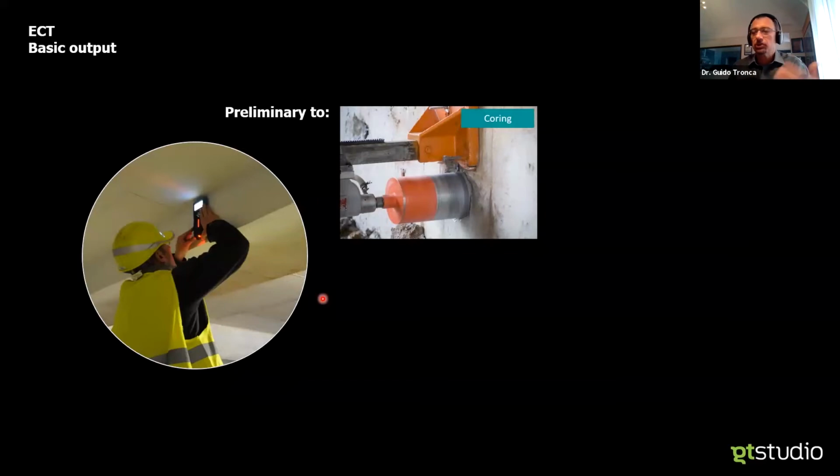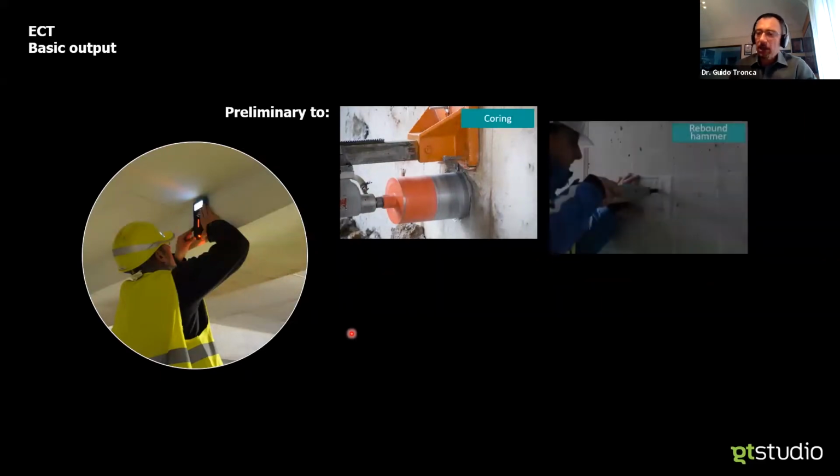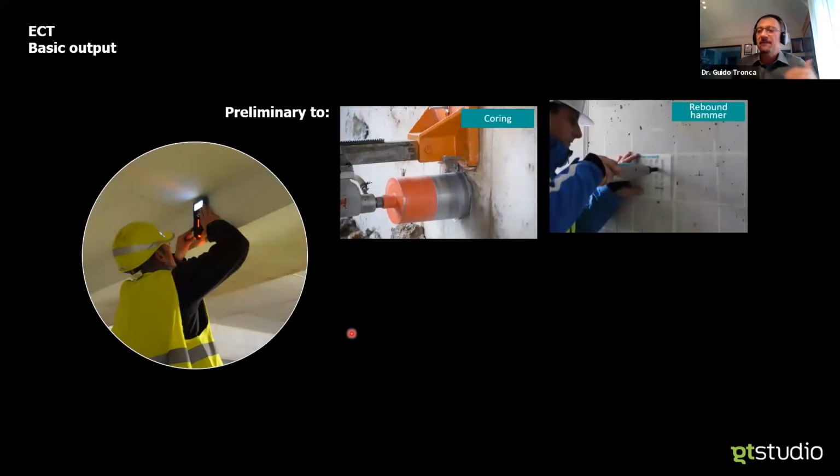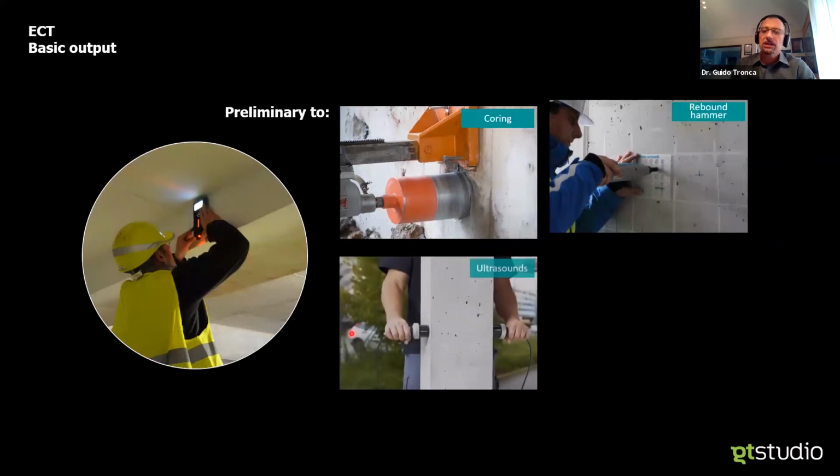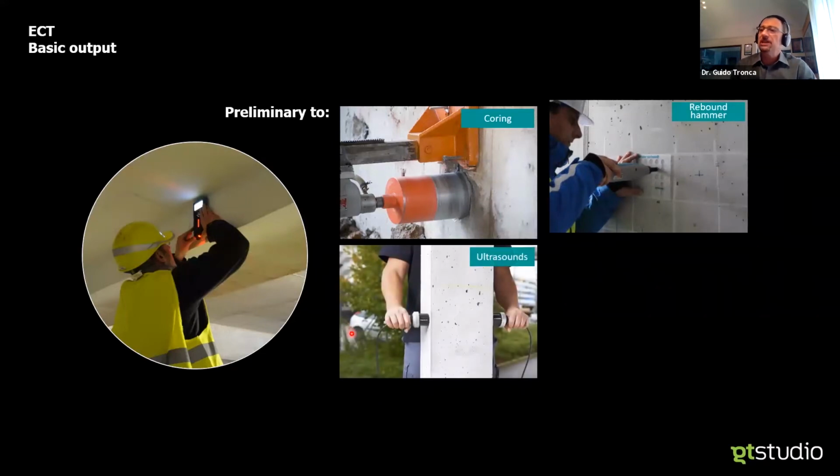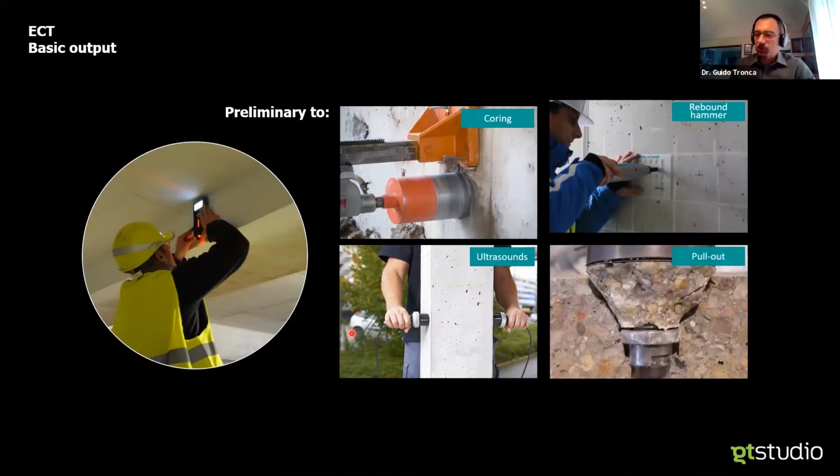Of course, you want to avoid them when coring and cutting the concrete, but you also want to avoid the effect that they could have on the measurement when performing all other kinds of NDT measurements, such as rebound hammer here, such as ultrasound that is affected by the presence of rebars, extraction testing, you name it. Whatever you do on site with NDT, you'll always have to add at least a basic rebar locator.